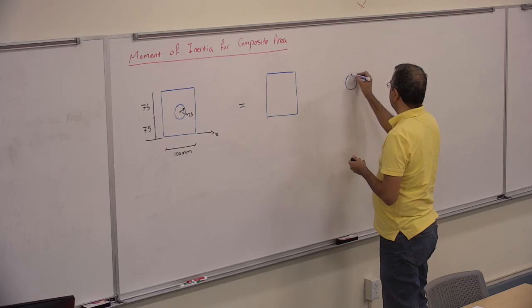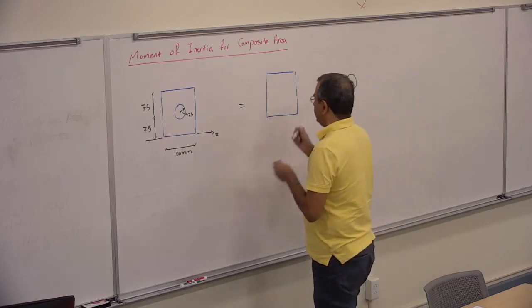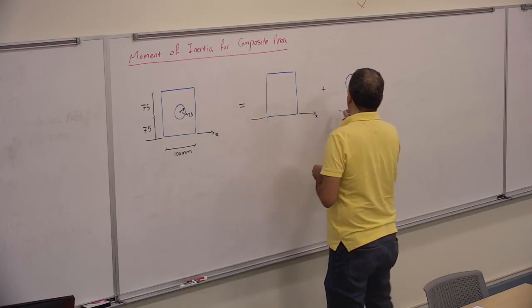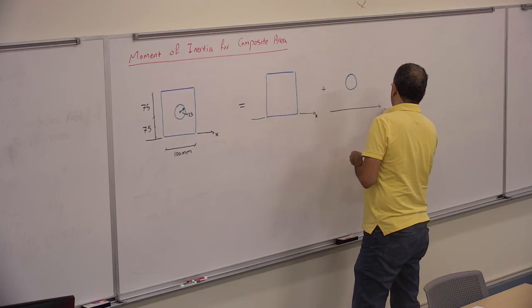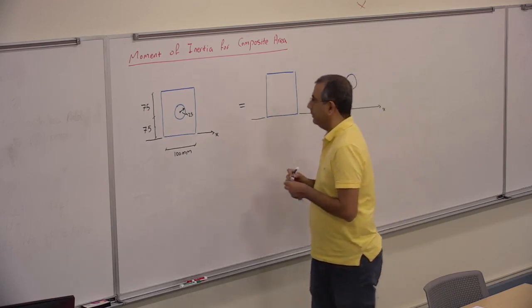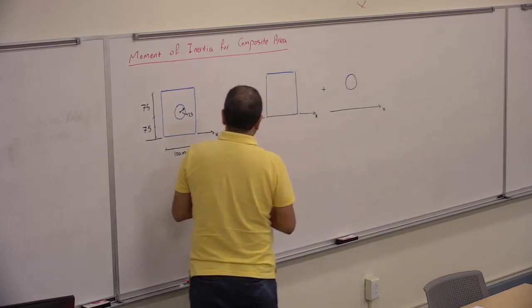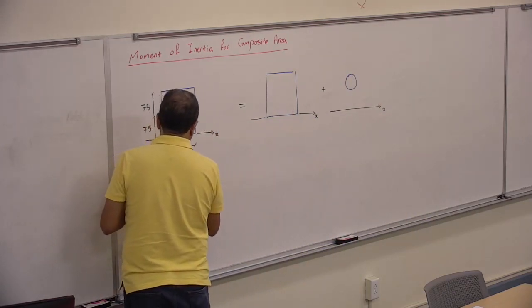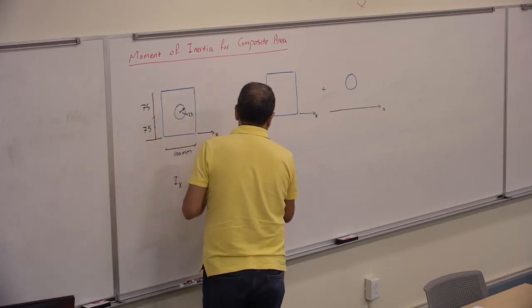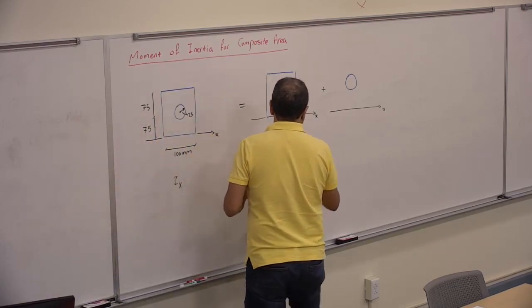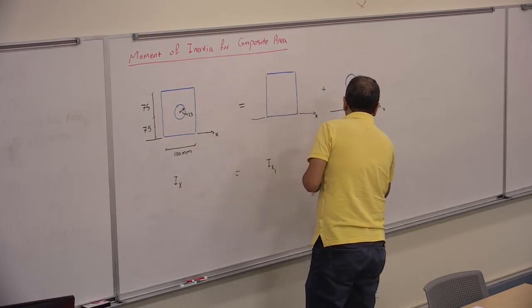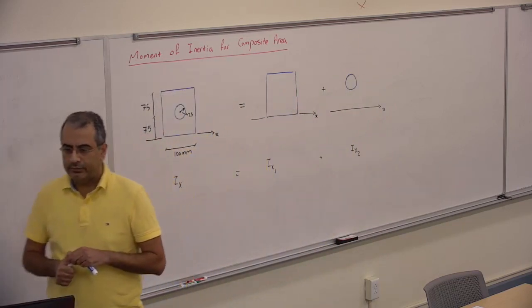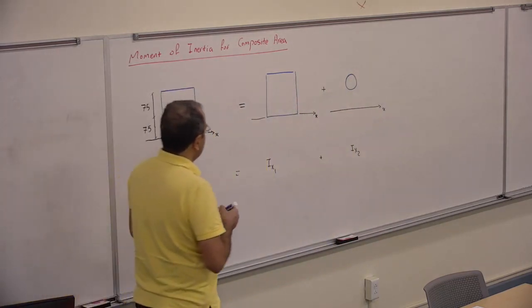So this is the x-axis. And so Ix here is equal to Ix for the first one plus the Ix for the second one.